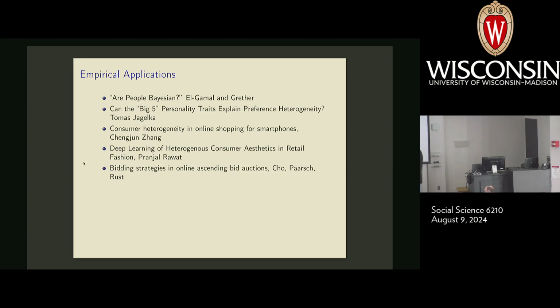Then Pranjal is another student at Georgetown. He got data from H&M, the female clothing company, with digitized images of dresses, and he processes the digitized versions through a neural net filter to come up with, quote, attributes of dresses.